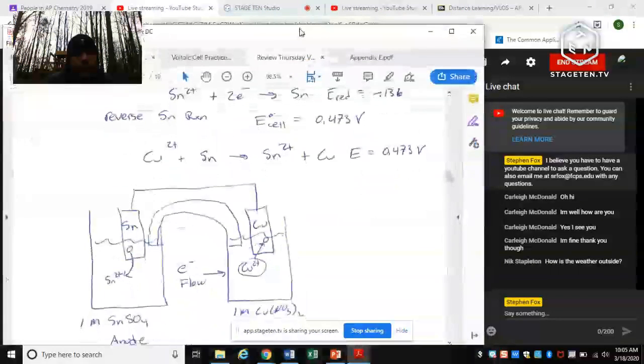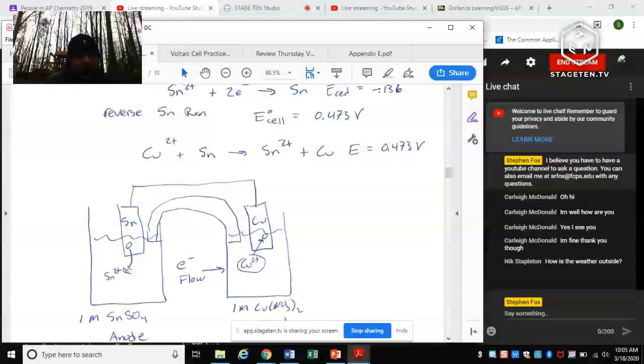And so what would happen is the tin would be oxidized. So this tin right here, the metal piece, will push its electrons across the wire over to the copper. The copper is not going to react with the electrons, but it's the copper 2 plus ions that will react with the electrons, and they will reduce onto that copper metal.